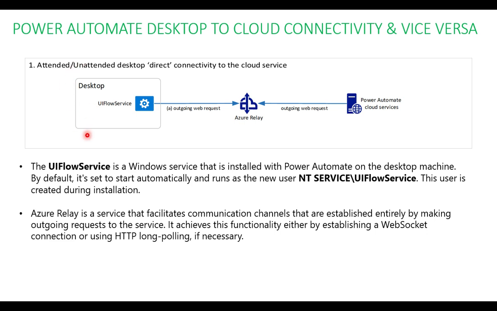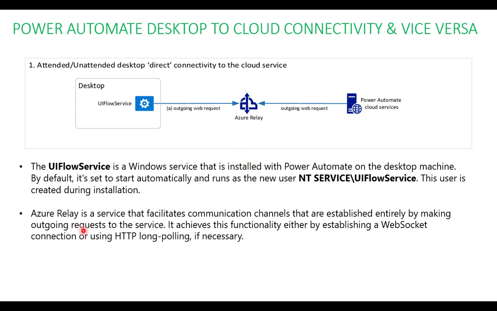So the connectivity has to be maintained at all times. UI Flow service is a Windows service that is installed with Power Automate on the desktop machine. If you open services.msc, just search for services in your Windows machine, you will see this service running. If it has stopped, you need to restart it, and then your desktop flow will start working.